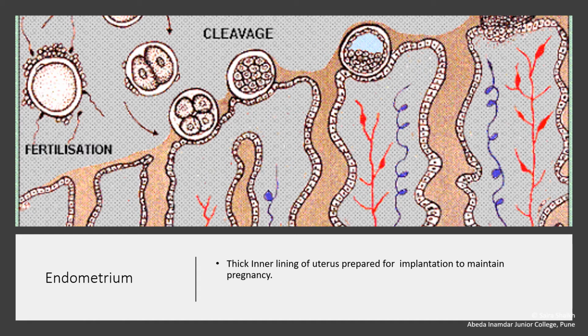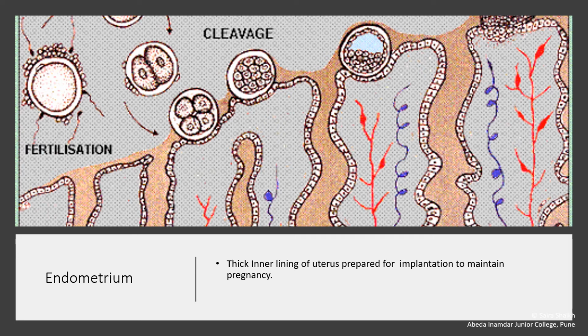The cytotrophoblast cells have lytic enzymes. These cells release their lytic enzymes into the endometrial cells, and because of that the endometrial cells rupture and get digested, and slowly the blastocyst gets implanted. The implanted blastocyst comes in contact with the blood vessels and blood sinusoids of the endometrium and starts deriving nutrition.